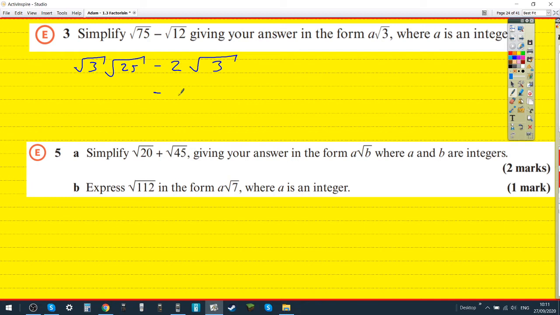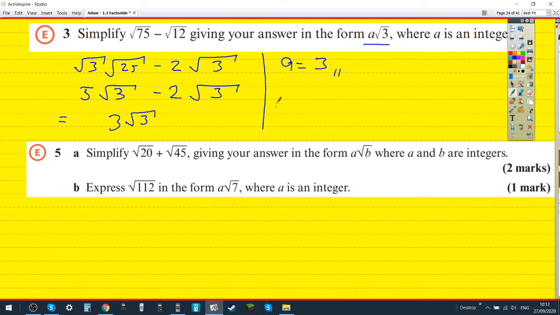Would it be the other way around? Other way around. Yeah, 5 root 3. You can't square root 3, you can square root 25. So the answer would be 3 root 3. That's it. A equals 3.